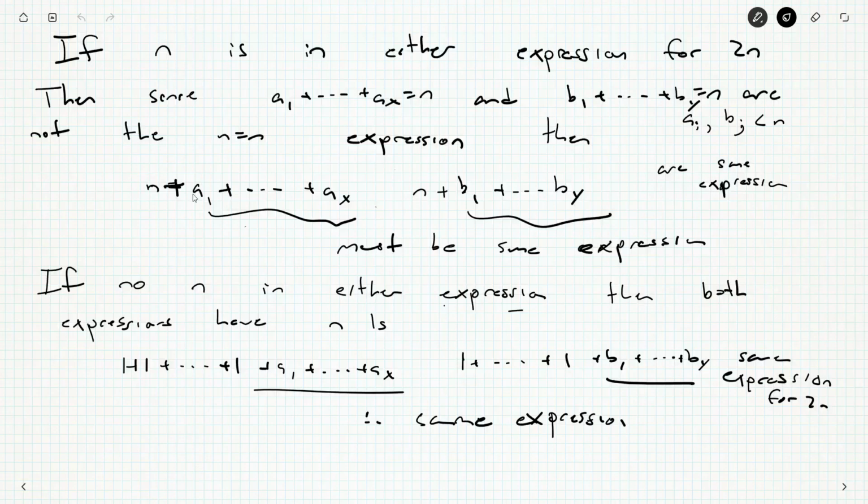And then that forces them to have the same expression. And the same thing with the ones. Because there's no n in here, then they both have to be this sort of expression, and that means that they both are the same expression, because you just remove n ones. Okay.